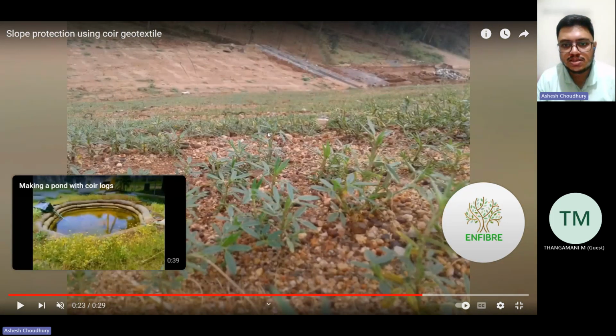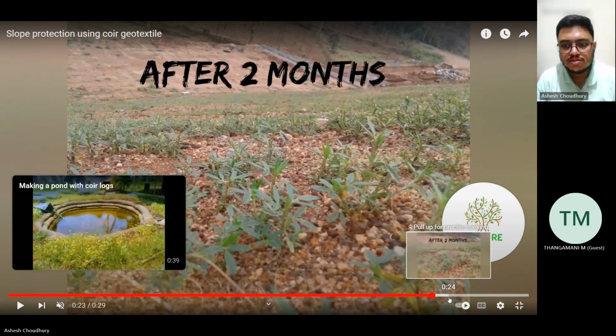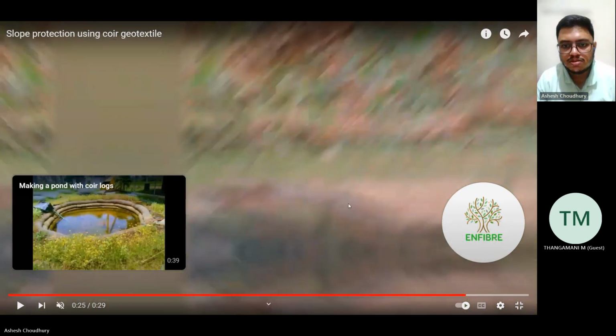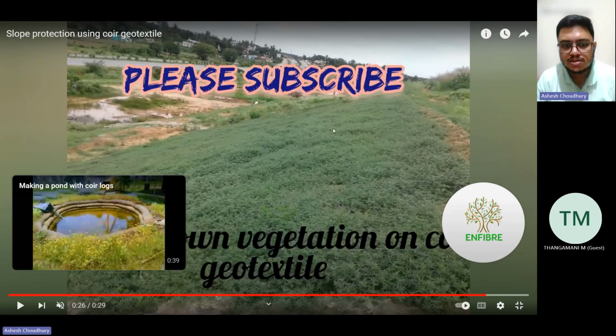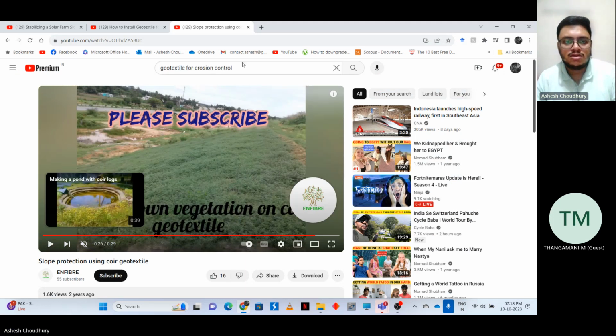Just after a month, you can see grass has started to grow. Just see, total vegetation has grown over the geotextile slope. Both purposes are served: it looks very good with green vegetation over it, and secondly, it holds the soil in position.